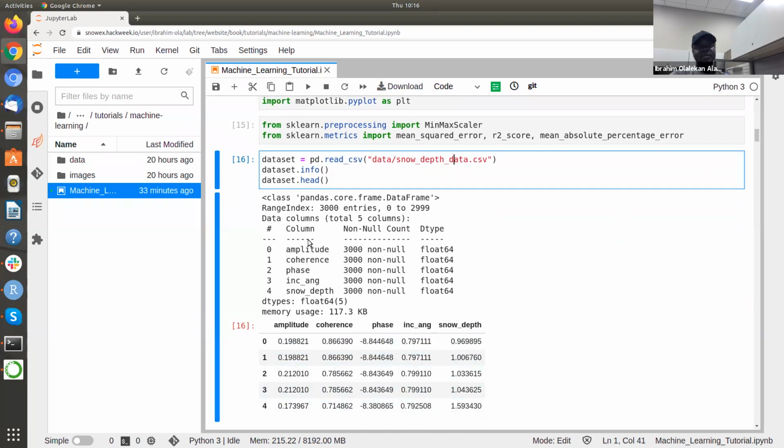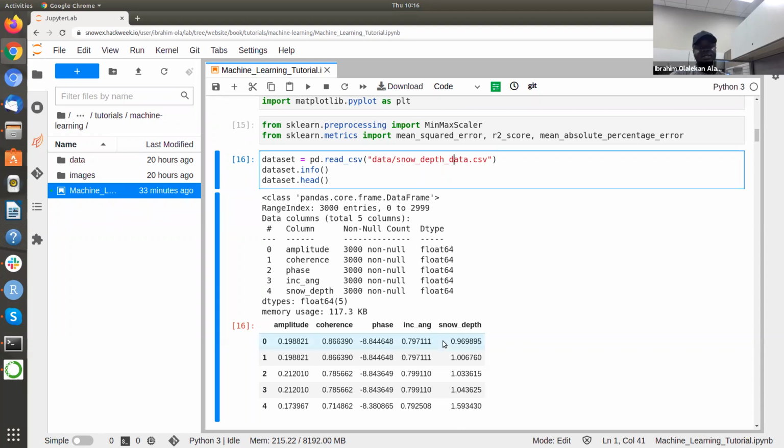So looking at this, we have a data set of 3,000 entries. And then we have the columns: the amplitude, the coherence, the phase, the incidence angle, and the snow depth. These are the variables we have here. Each of these variables does not have any missing observation. That is what this means. It says 3,000 non-null, and everything is a float.